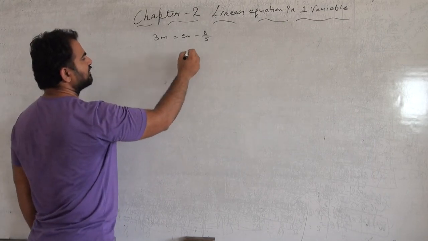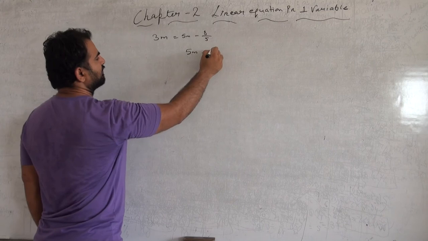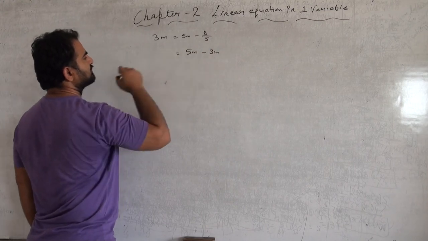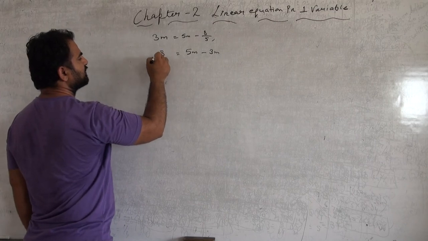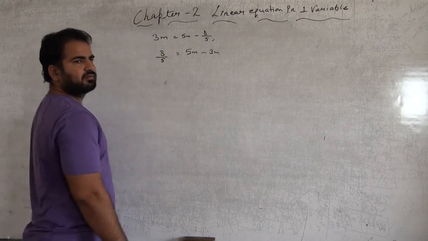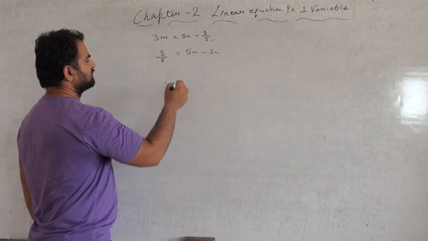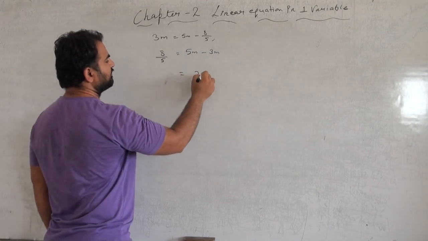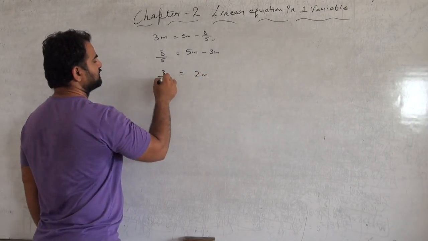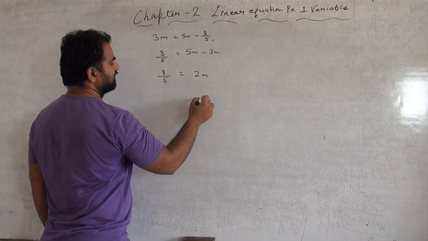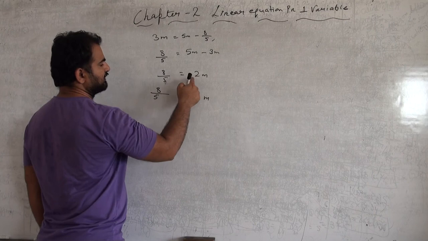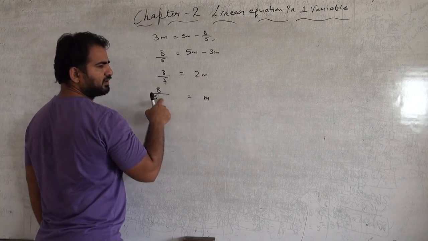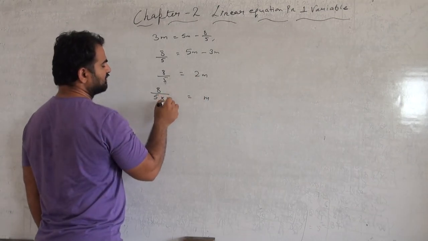So it will be 5m minus 3m equals, this negative 8 upon 5 will become positive 8 upon 5. Okay, so 5m minus 3m will be 2m equals 8 upon 5, and this 2 will come in division, so it will be 2.